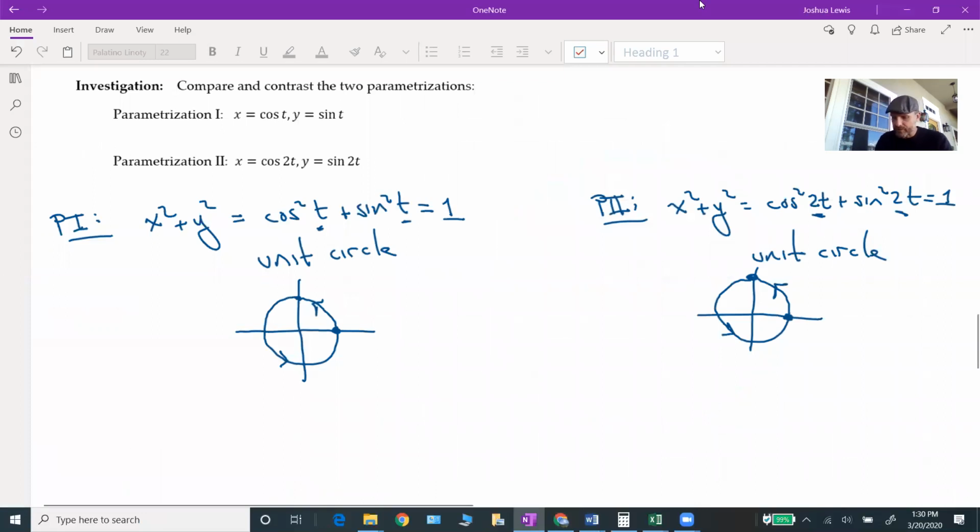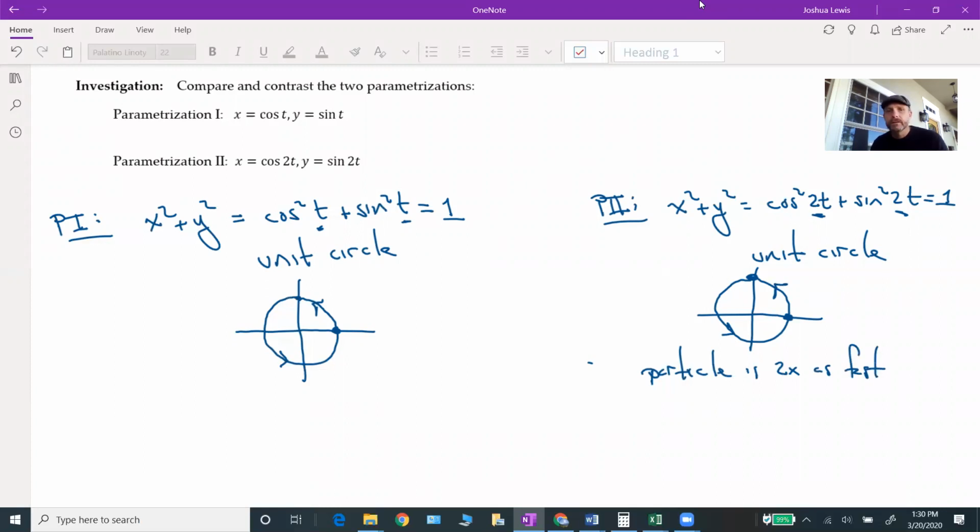So what's the moral of this story? That this parametrization, the particle is 2 times as fast, okay?